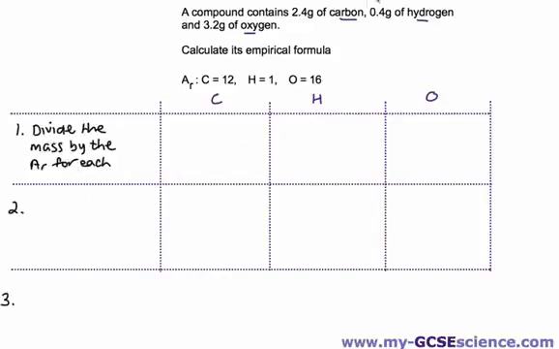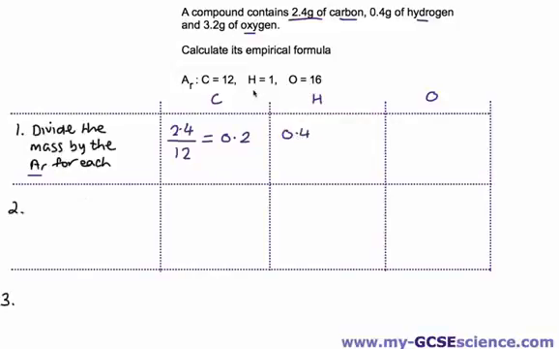So for carbon, we have a mass of 2.4 grams, and we divide it by the relative atomic mass, which is 12, and that will give us an answer of 0.2. For hydrogen we have 0.4 grams.